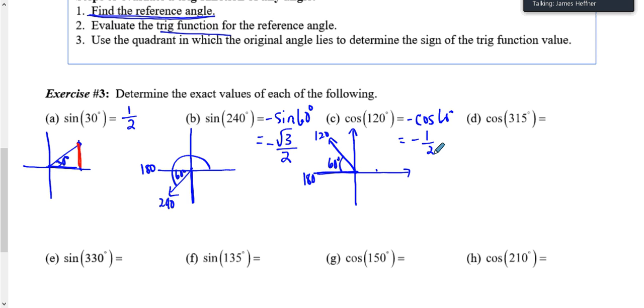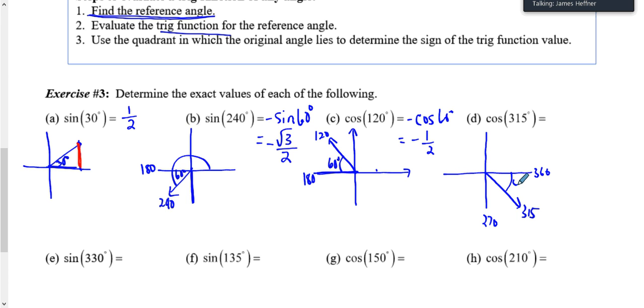You kind of following now? Let's try the cosine of 315. It's best if you sketch this or you can picture it in your head. So we're bigger than 270, and this is 360. It's in between those. So 315 would be like here. So this reference angle you said is what? 45.